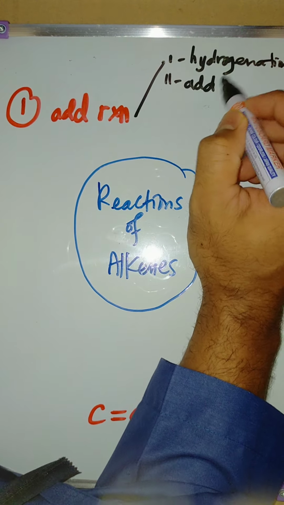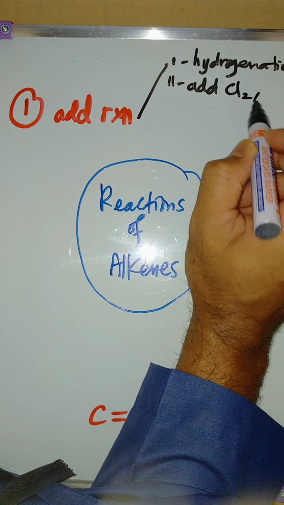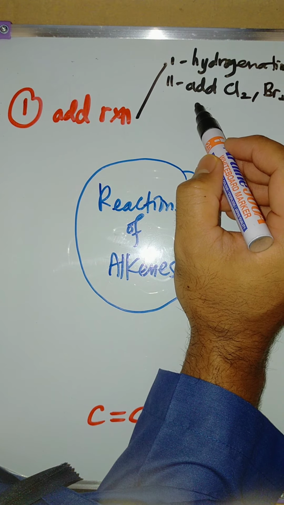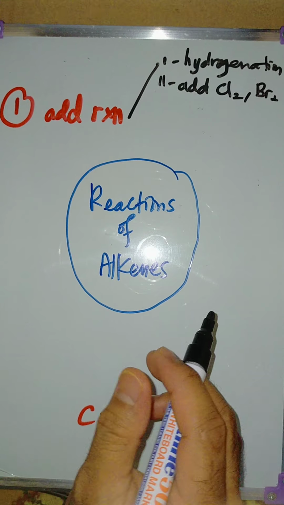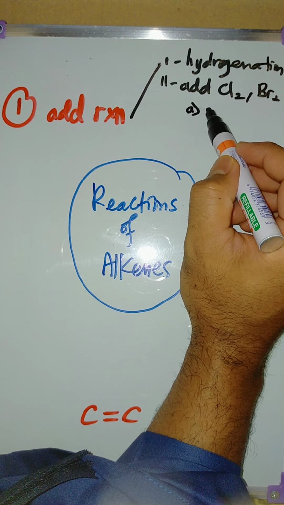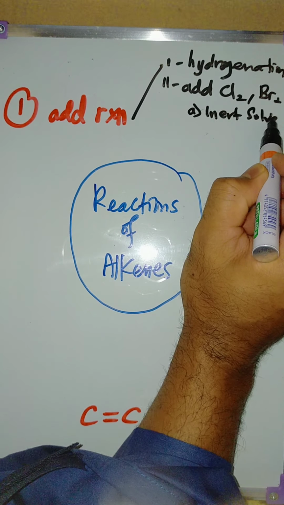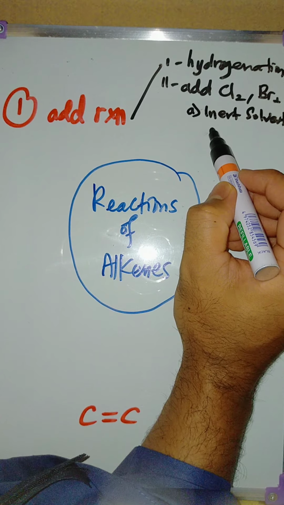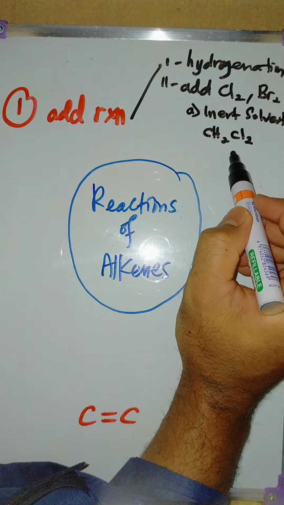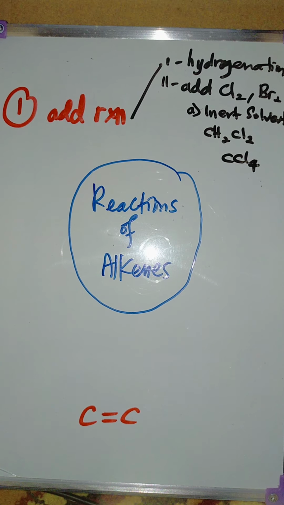Add halogen, either Cl2, Br2, in two conditions, which is first in inert solvent, which normally you deal with CH2Cl2 or CCl4, tetrafluorocarbon.